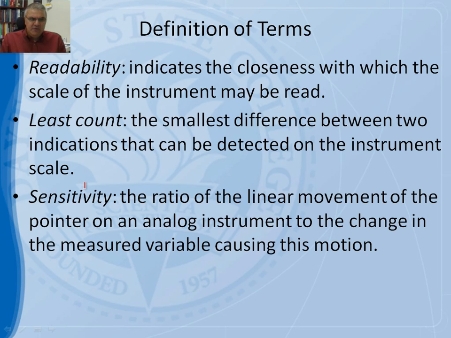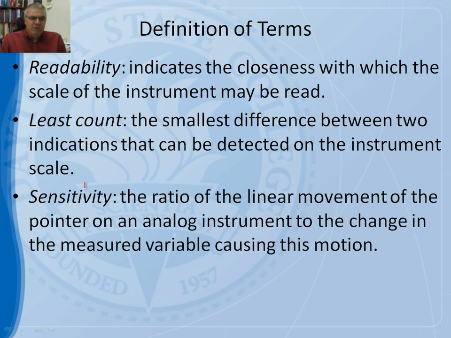It indicates the closeness with which the scale of the instrument may be read. So that's very important to realize. The second thing is least count. That's the smallest difference between two indications that can be detected on the instrument scale. Again, later on, we provide you with more examples, and these terms would be applied.